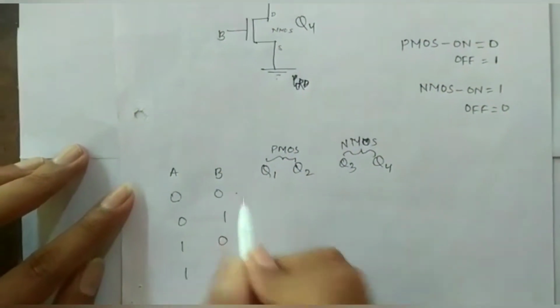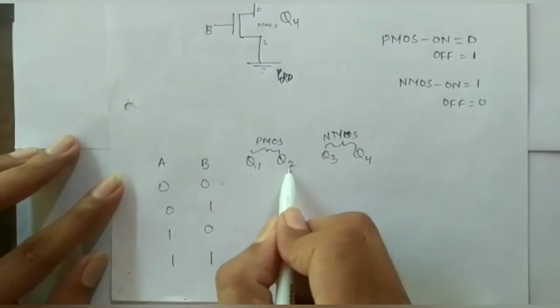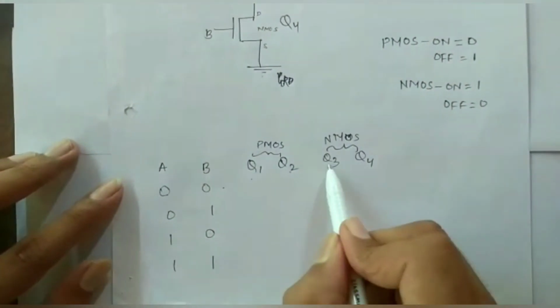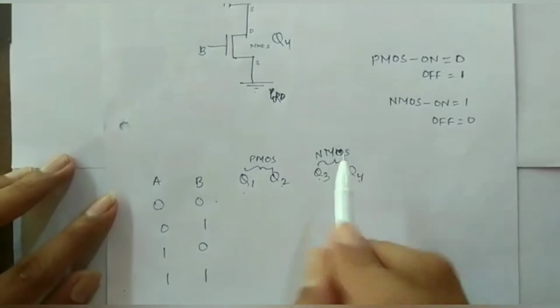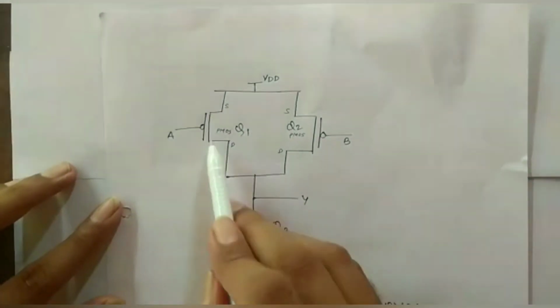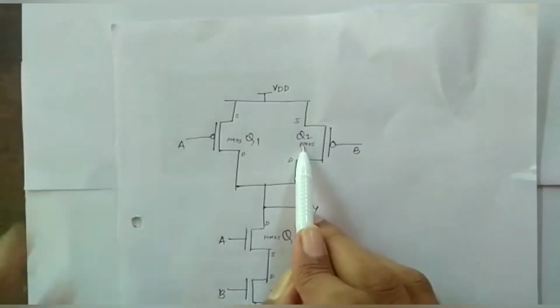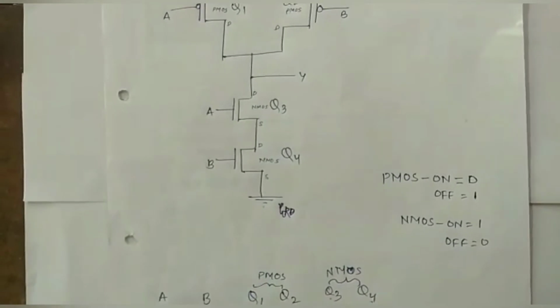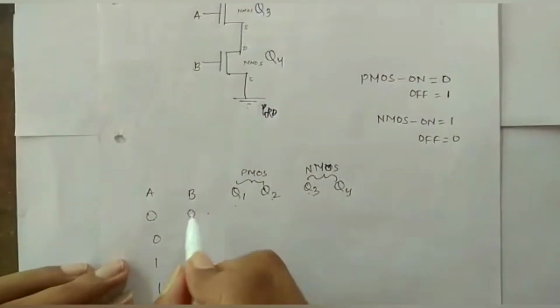Q1 and Q2 are the PMOS, and Q3 and Q4 are the NMOS transistors.